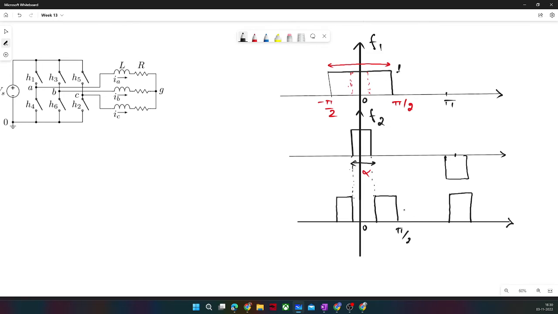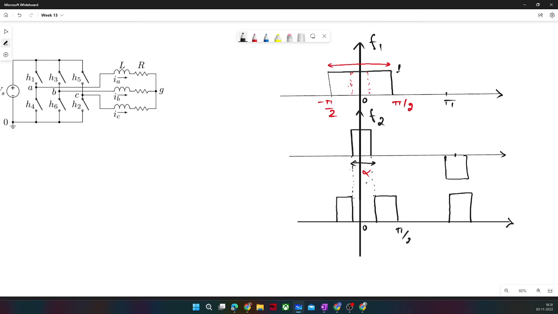So it seems like three notches in one half cycle. So we created this kind of pulses within just a single pulse of F1. So whatever will come, that we will know.